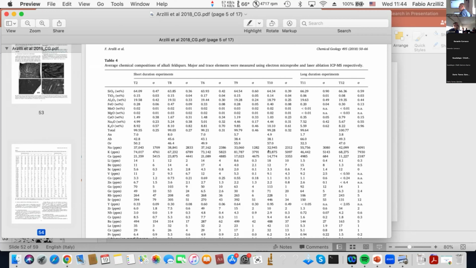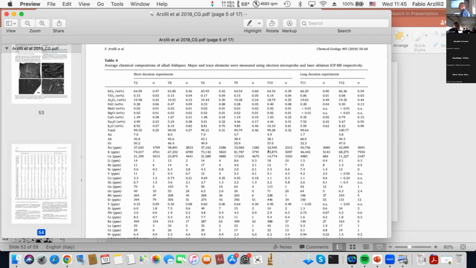This is true at equilibrium condition, but if you quench your experiments before this equilibrium condition, you will see that if the crystal growth is fast, the crystal will take whatever it can. It brings into the structure, randomly, also incompatible elements.